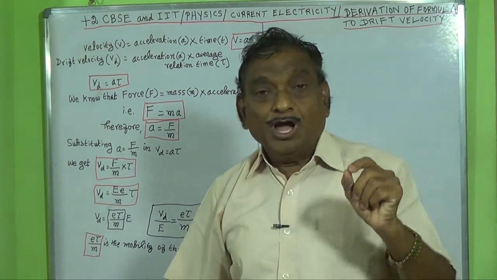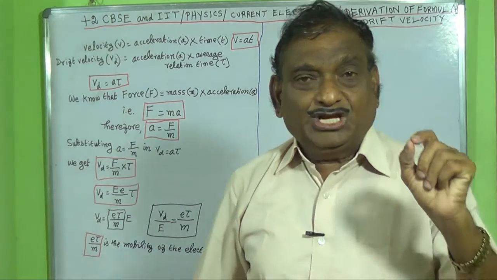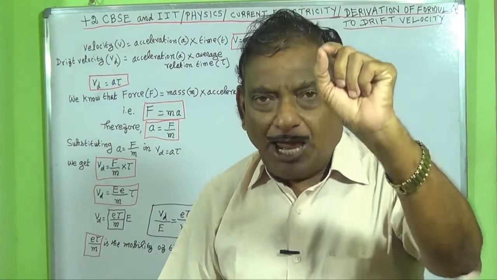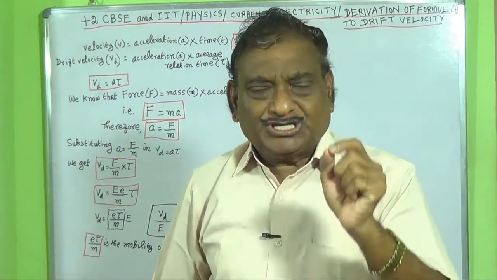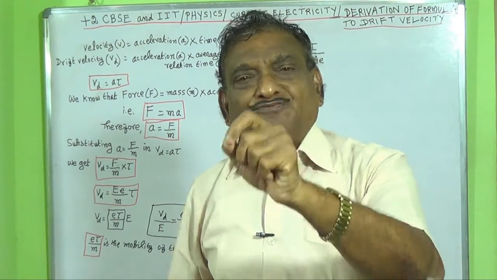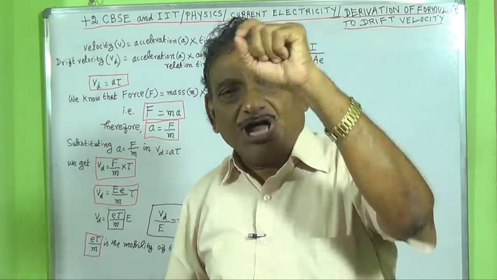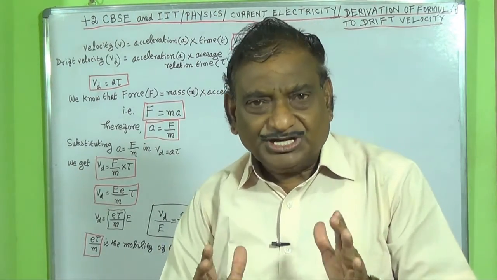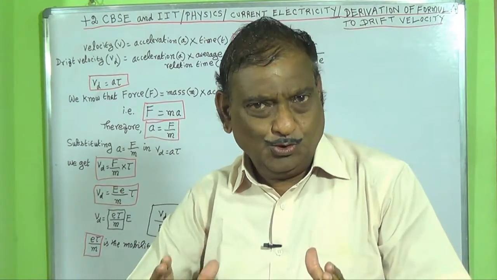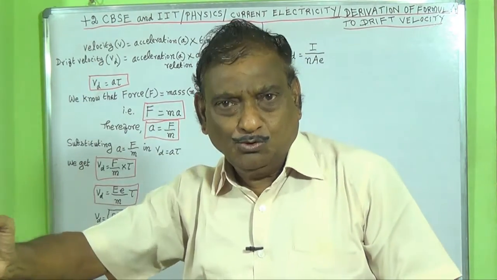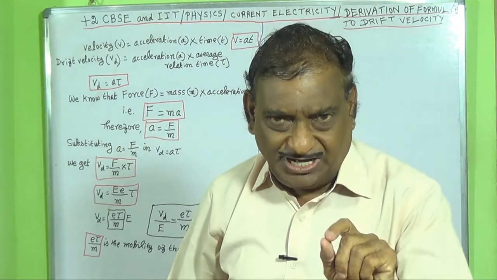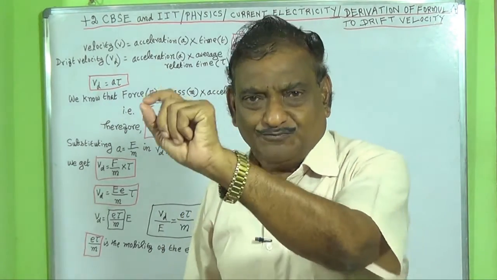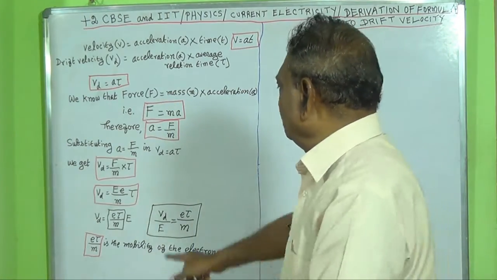Now we are getting the expression for acceleration as capital F by m. If we substitute F by m in place of acceleration in the equation Vd equal to acceleration into tau, the equation for drift velocity becomes F by m into tau.